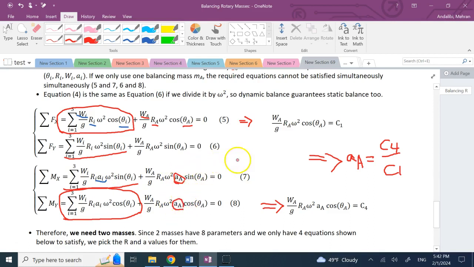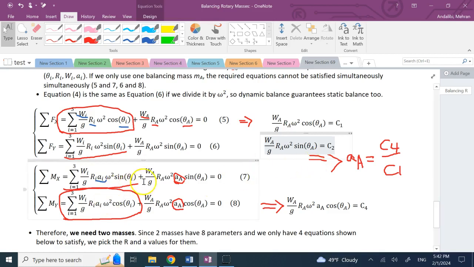Now, if I go to the next 2 equations, these 2 here, I get what? From here, this product is equal to some number called C2.